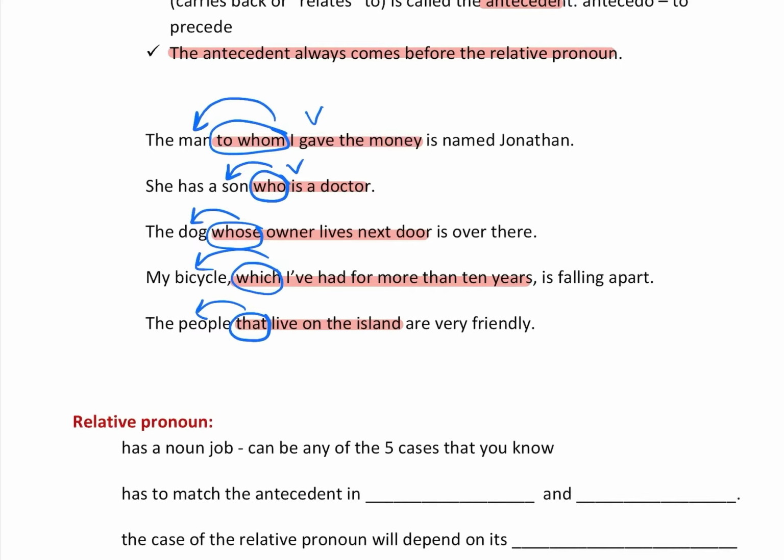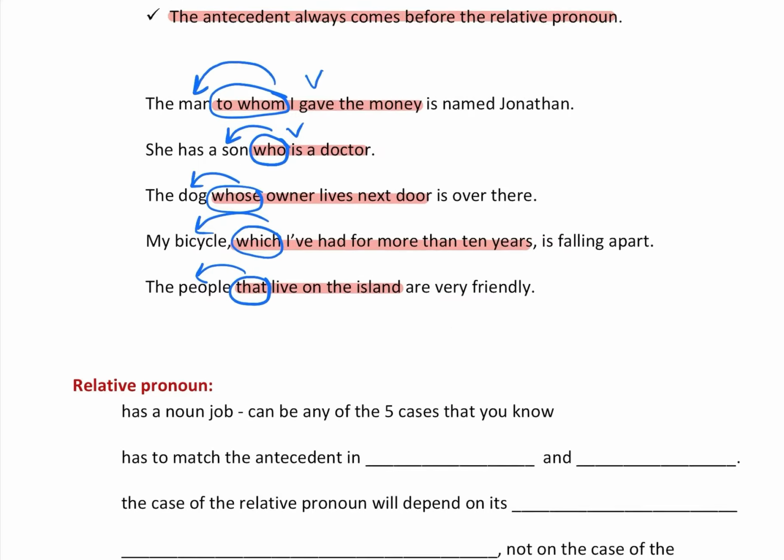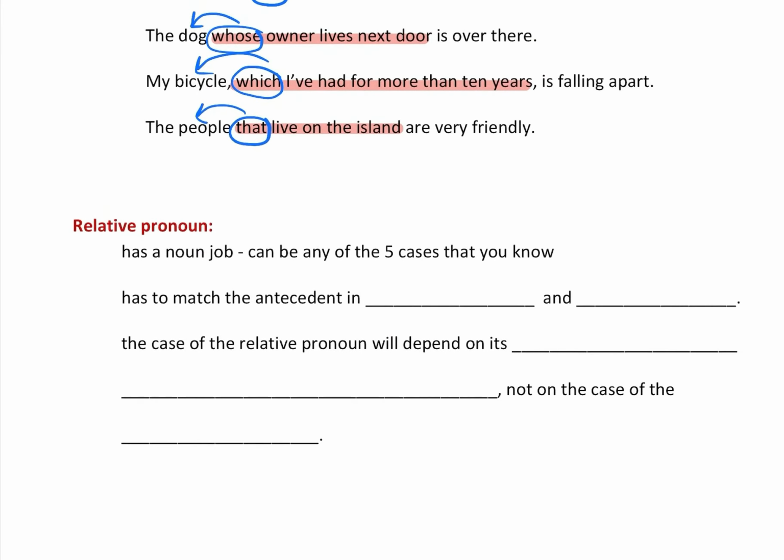And the same thing happens in Latin. It's not in a funky order. You always start with the relative pronoun. Okay, so the relative pronoun has a noun job. In Latin, the relative pronoun can be any of the 5 cases that you know. That's the first thing we need to know.